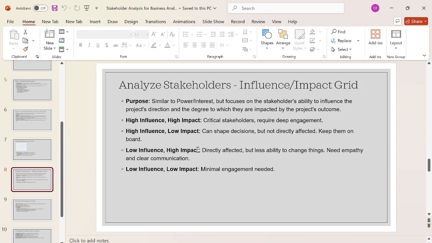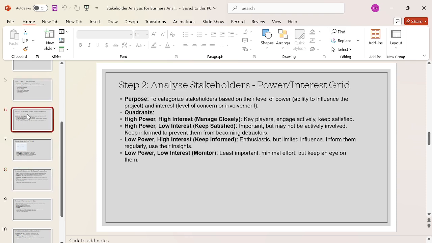So let me give you the first example: high power and interest. If you are building a project for the operation team, you know how the operation process will work. The project sponsor has high power and high interest. The operation manager or operation team members have low power but high interest in your project.